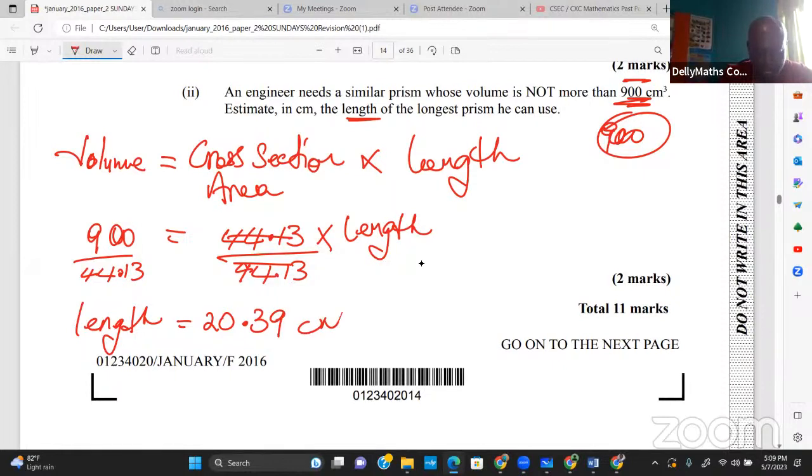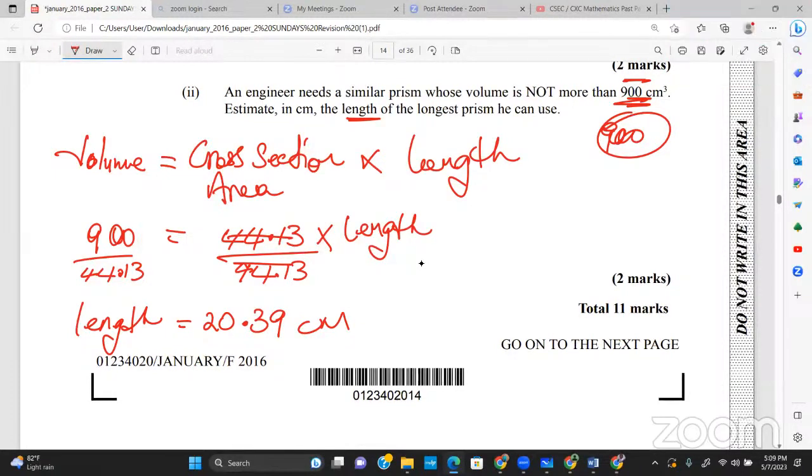All right, centimeters. So if we use 20.39 centimeters, then we will get the 900. In other words, if I multiply 44.13 times 20.39, it's going to be right there. You might have to round up a little or round down, but try that. It's going to take you there because volume is area of cross section times the height or the length.